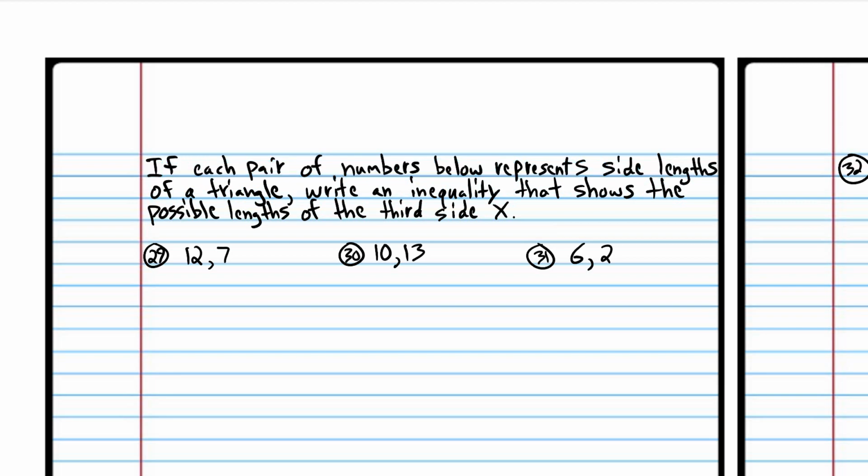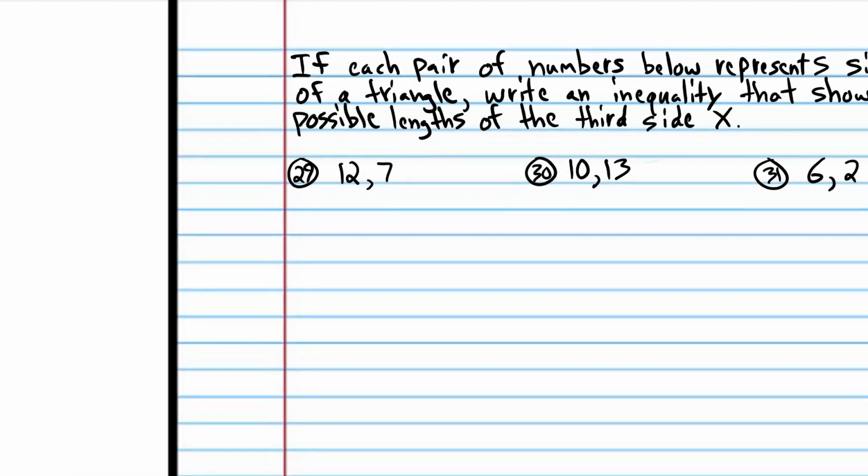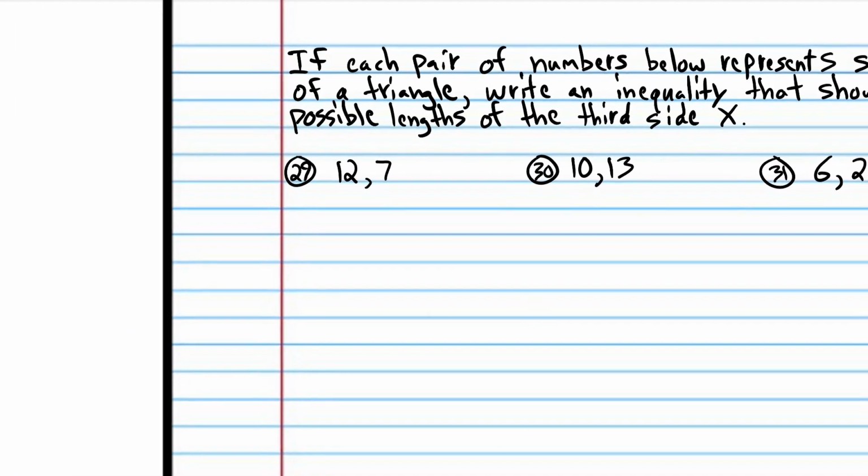So we have these two numbers that represent two sides of a triangle. So we're going to say side lengths. The side lengths of the triangle we're going to assume are 12, 7, and the third side we're just going to say is x.